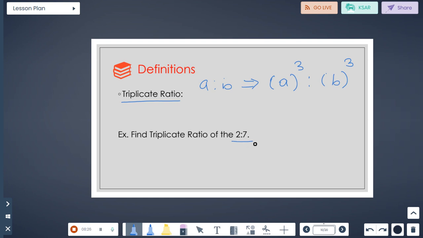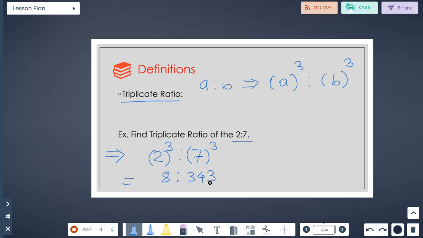We find the cube of that ratio, so the triplicate ratio of 2:7 is 2 cube is to 7 cube. 2 cube becomes 8, and 7 cube is equal to 343.